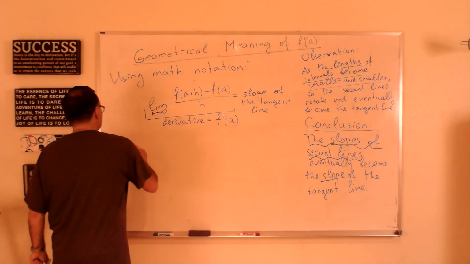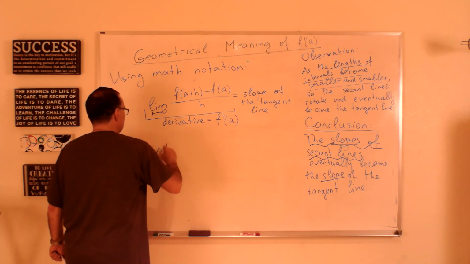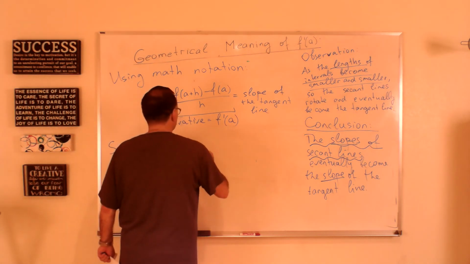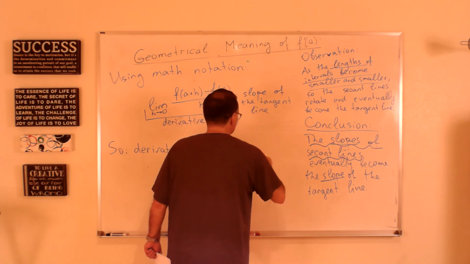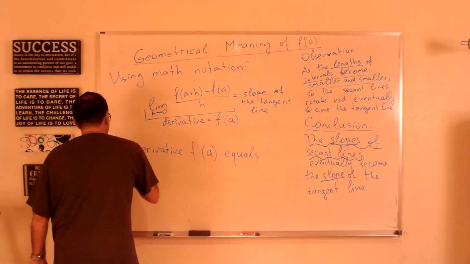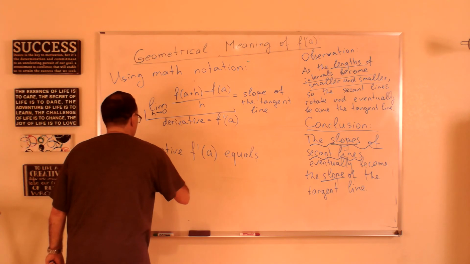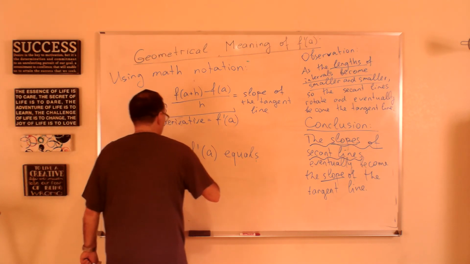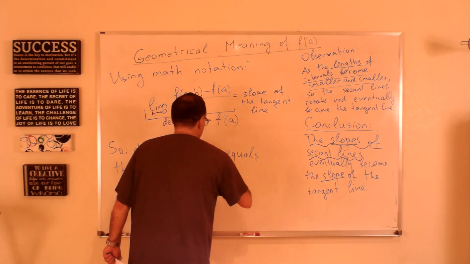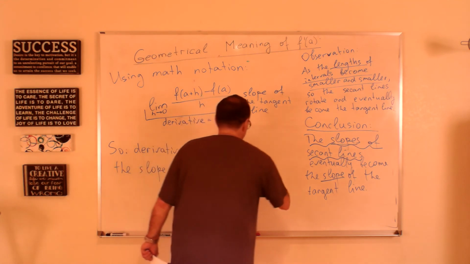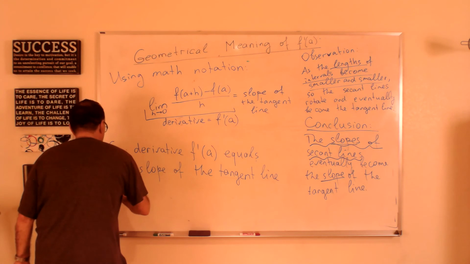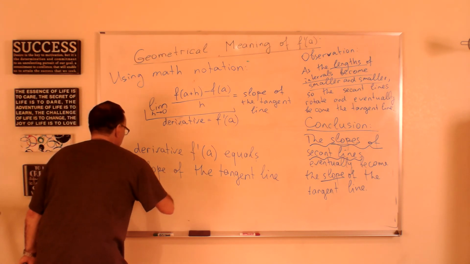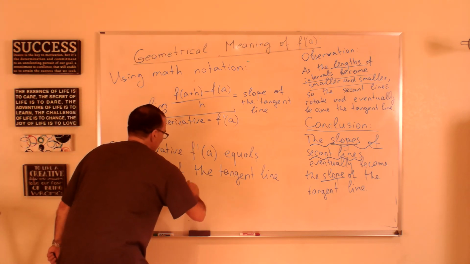The derivative f prime of a equals the slope of the tangent line to the graph of the function y equals f of x.